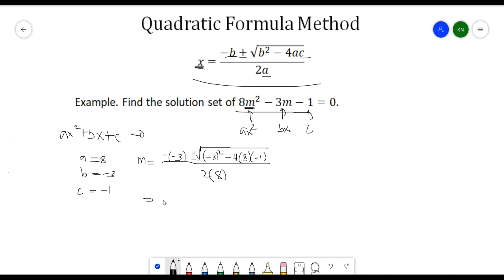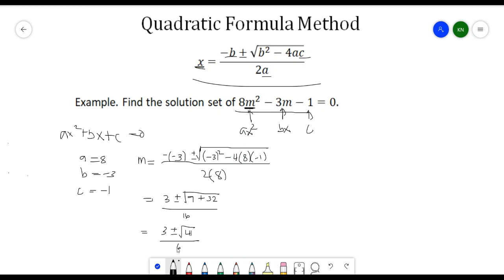So this gives us 3 plus minus 9. Negative times negative, that is positive. 4 times 8, that is 32. And 2 times 8, that is 16. So that gives us the equivalent of 3 plus minus square root of 41 all over 6.